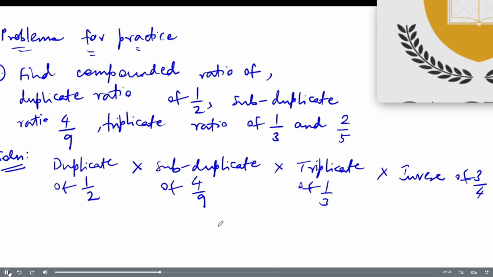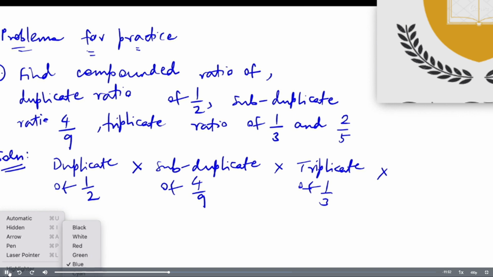Duplicate ratio of 1 by 2, subduplicate of 4 by 9, triplicate of 1 by 3, all are the same. But here you have to write triplicate ratio of 1 by 3 and 2 by 5. Does it mean it is the triplicate ratio of 2 by 5 also?